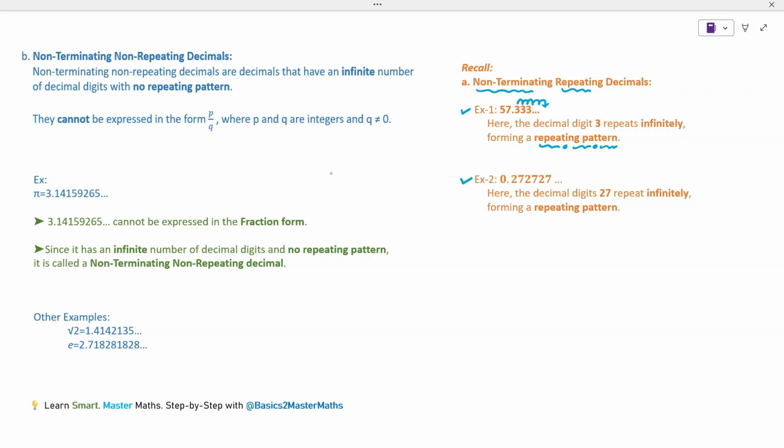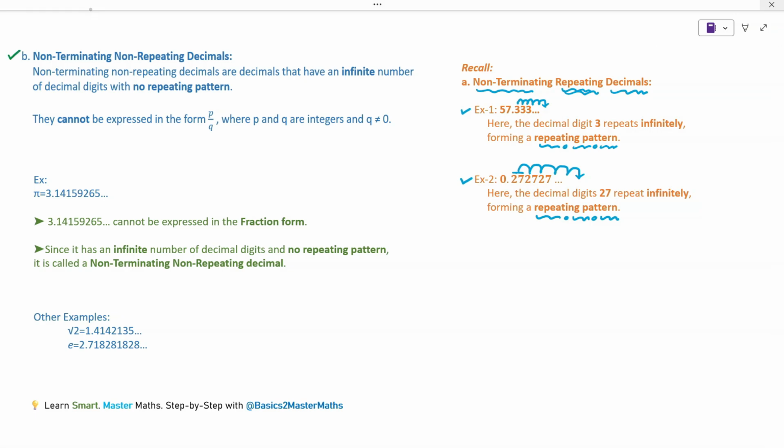Observe the second example. Here, the decimal digits 2, 7 repeat infinitely and form a repeating pattern. Hence the name non-terminating repeating decimals. Got it?